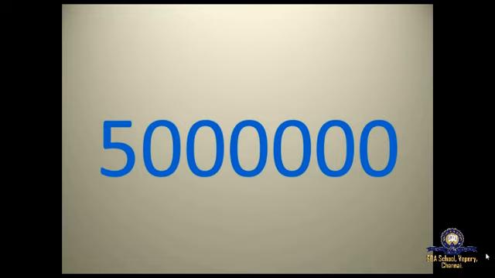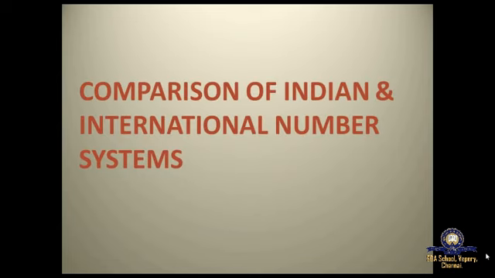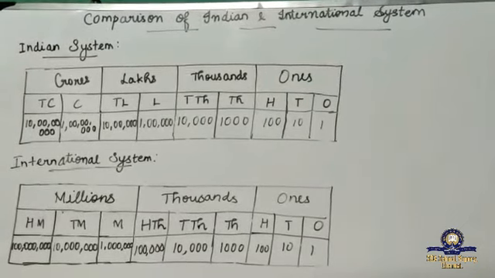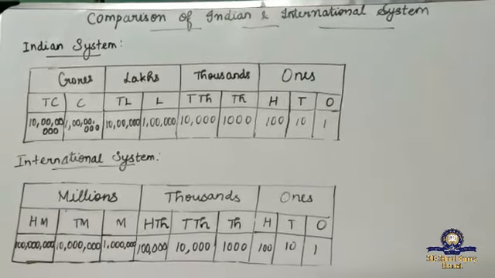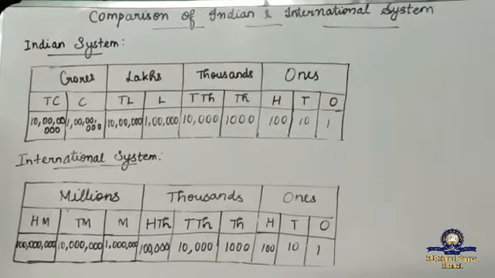So students, from this above scenario, do you have any idea about what we are going to look into the next topic? It's about the comparison of Indian and international number systems. You have already known the place value chart of Indian system, and this is the place value chart of international system. So now we are just going to see the comparison of both Indian and international system.